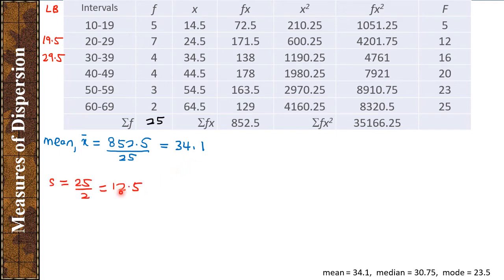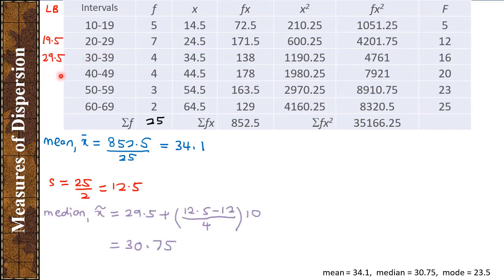And then, the next part refers to finding the median. So we want to locate where the median is. So 12.5 is already greater than 12, so the median will be in the interval between 30 and 39. So the lower boundary will be 29.5.